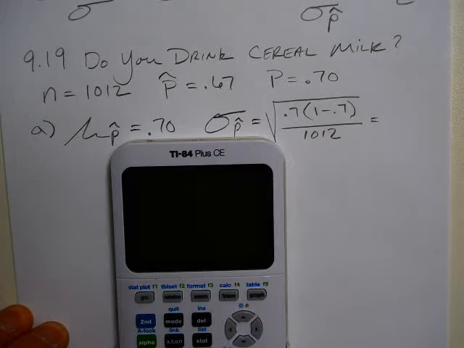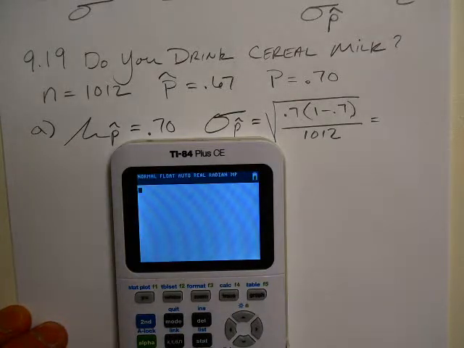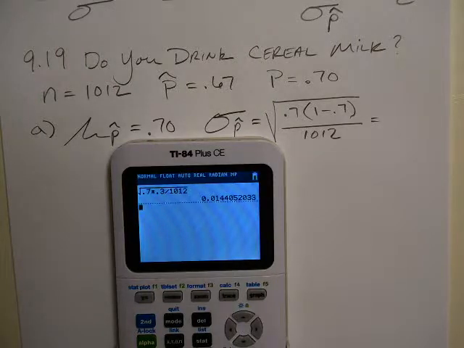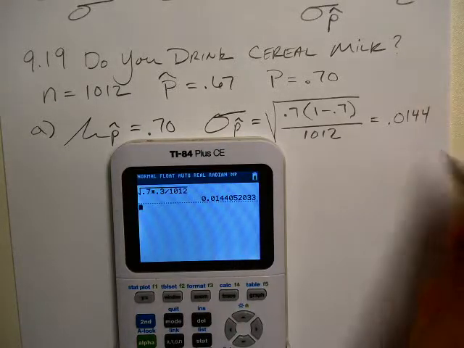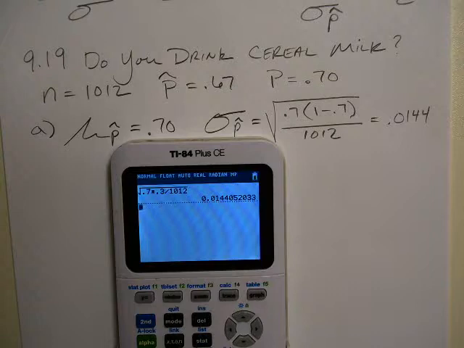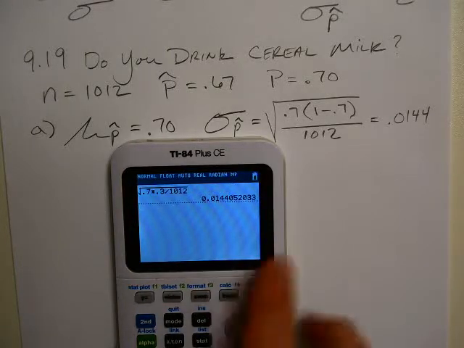So I'll go to the calculator here. I'll do it this way. I'm going to go square root 0.7 times 1 minus 0.7 would be 0.3 divided by 1012. Make sure it all falls under the radical. And I get 0.0144. So far, so good?